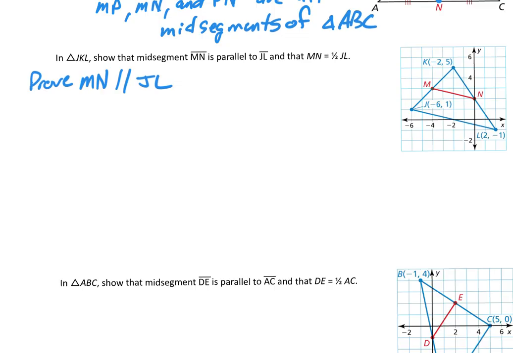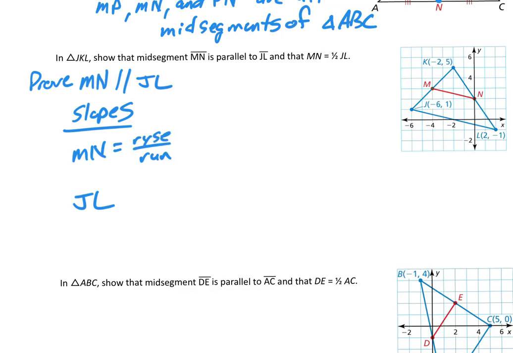Okay? And so on this one, we're going to find the slopes of both of these. We're going to find the slope of MN, we're going to find the slope of JL, and we're going to see if they're the same. Okay? And so the easiest way, especially because I'm given a graph here, is just to do rise over run.